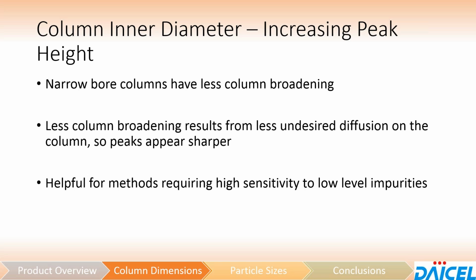So for instance, if you're trying to quantify a 0.01% impurity and it's eluting late on the tail of your major impurity, it's certainly beneficial to ensure that the peak height is relatively high and not diffuse. It makes it easier to do your quantifying than it would be if things were broadened out or starting to tail or co-elute into the peak that was coming before it.